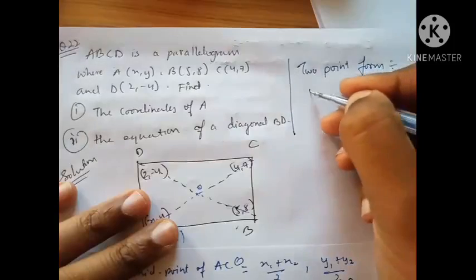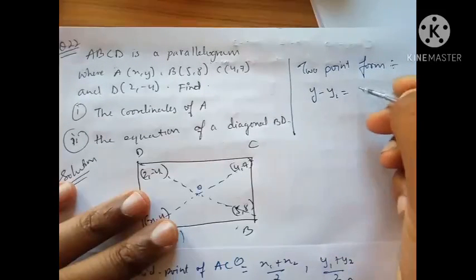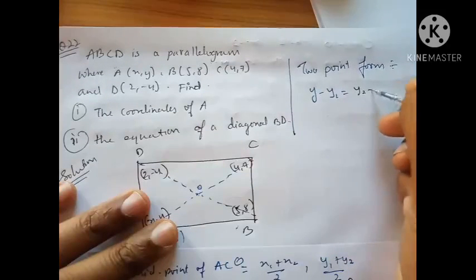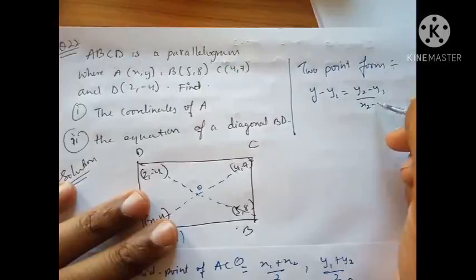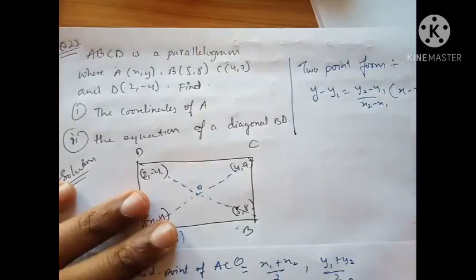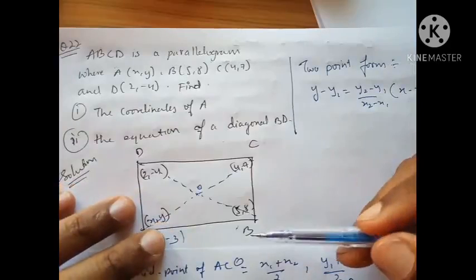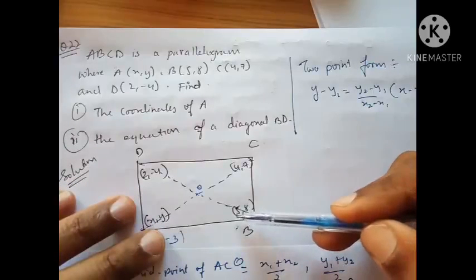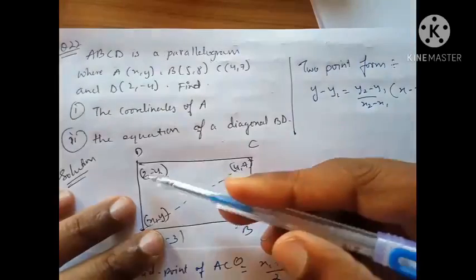Do you remember? y minus y1 equals y2 minus y1 upon x2 minus x1 multiplied by x minus x1. Right? So over here if you see B and D, this is x1, this is y1, this is x2, this is y2.